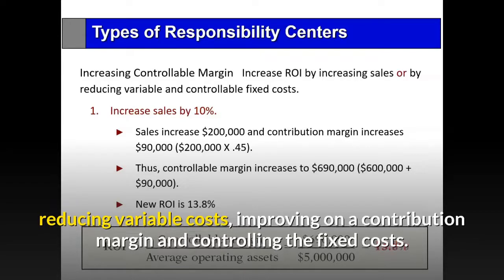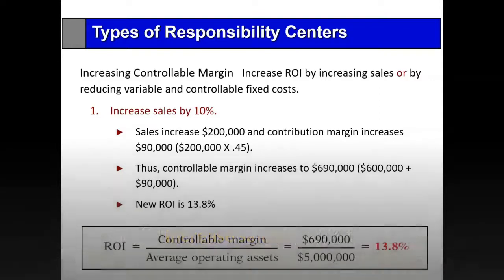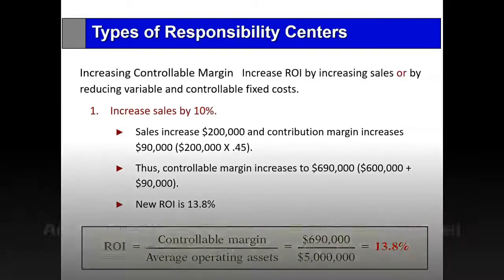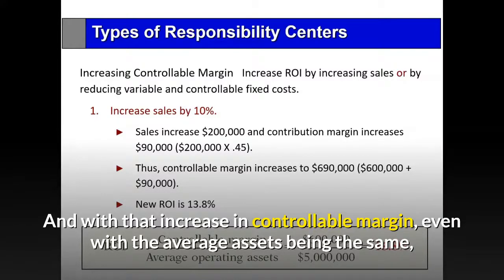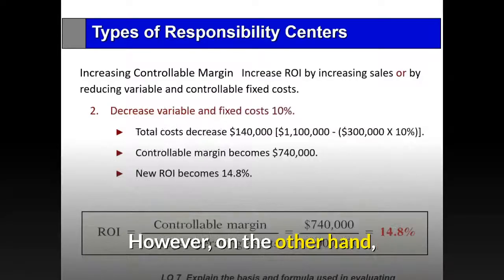For example, if I increase sales by 10%, then sales from that past example would go up by $200,000. The controllable margin would increase by $90,000. And with that increase in controllable margin, even with the average assets being the same, I have achieved an increase in the ROI to 13.8.